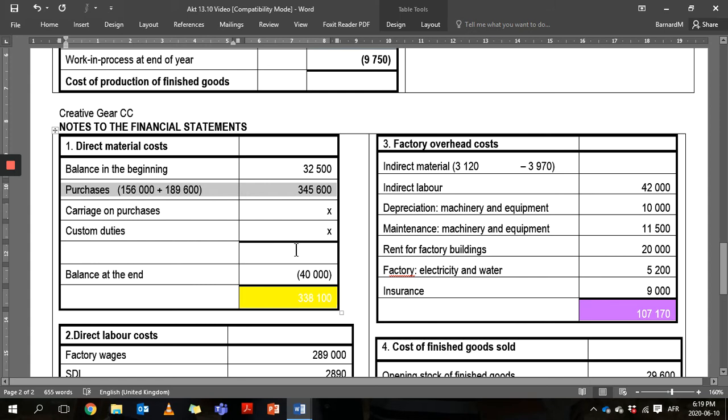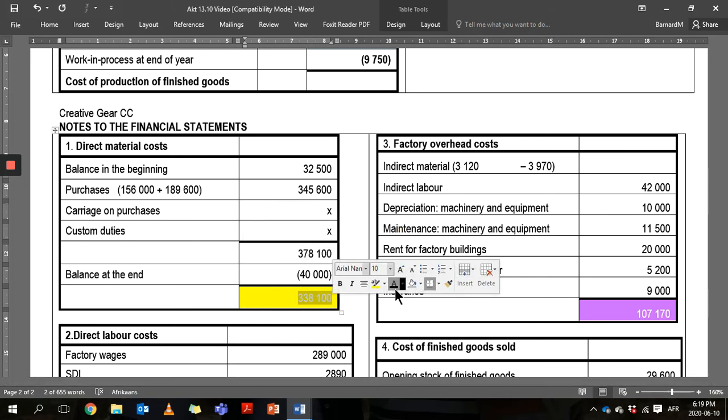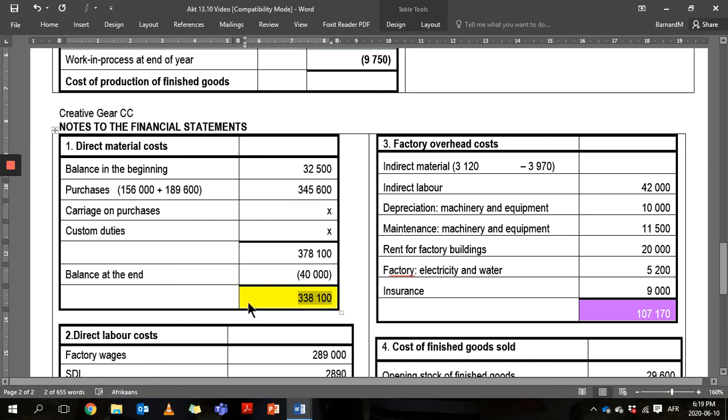So then what we actually can do is add up that part, subtract the 40,000, and that gives you a 338,100. And that is the total amount of the direct material cost that we used.